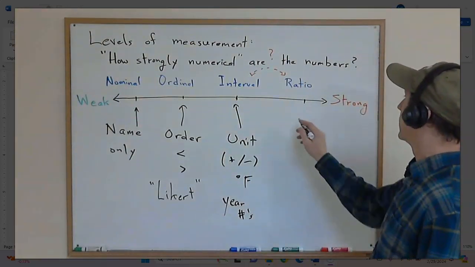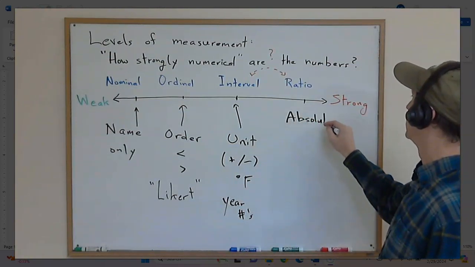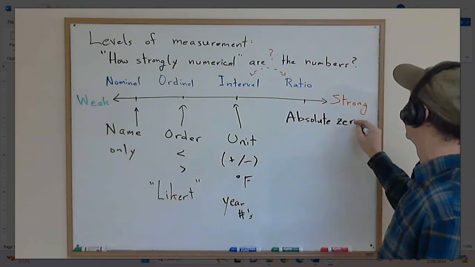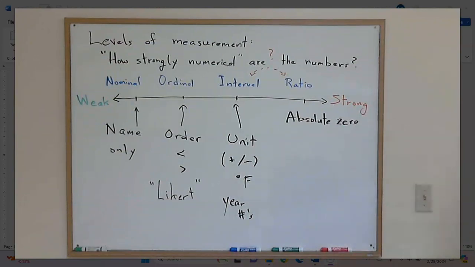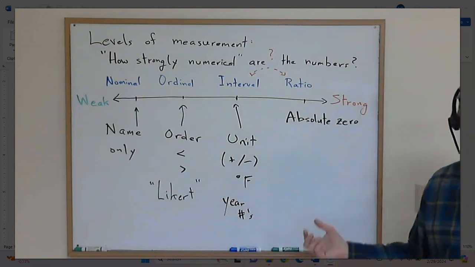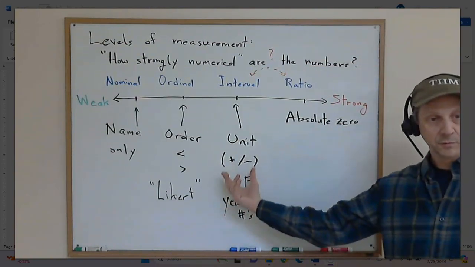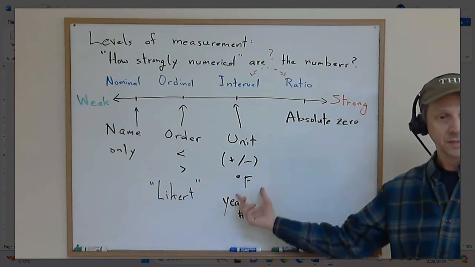What ratio data has that interval data does not is, that might strike you as kind of weird, but it has an absolute 0. In other words, when the number is 0, that really means that there is none of what you're measuring. And again, I know that this concept is a little bit slippery, but when in doubt, interval data really only applies to temperature scales and year numbers.